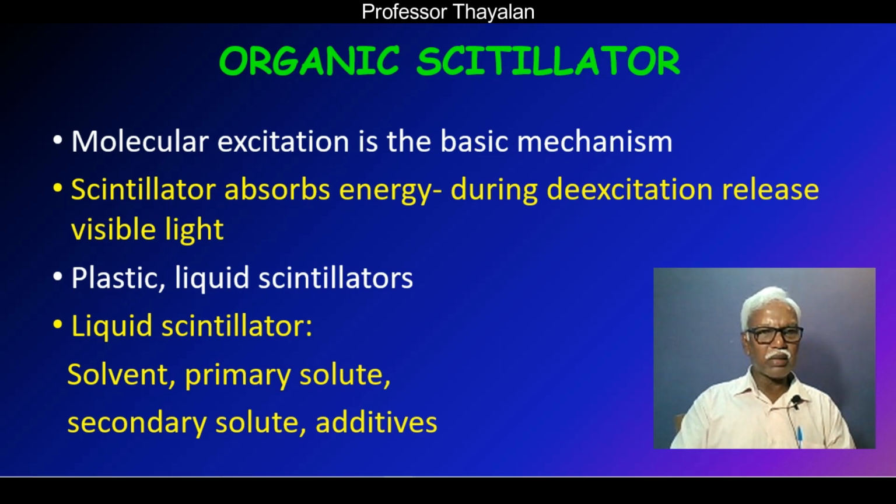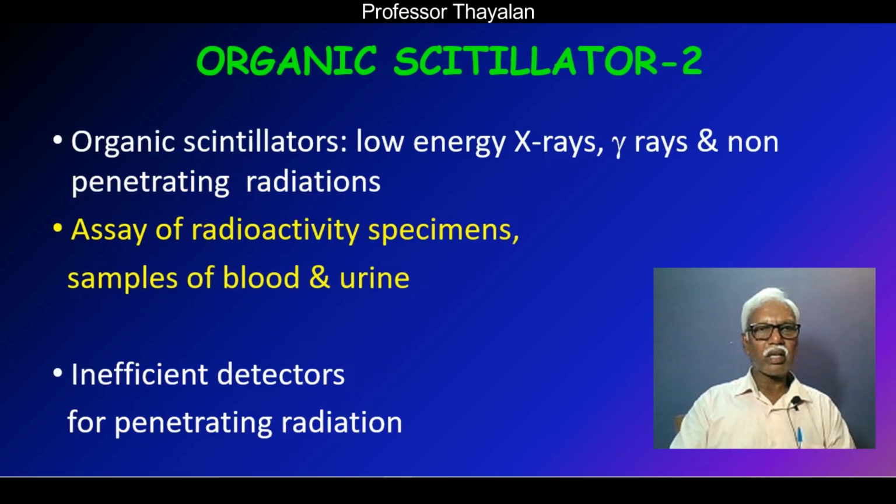These are the components of the liquid scintillators. Organic scintillators are very good for low energy X-rays, gamma rays and non-penetrating radiations. They are also very good for the assay of radioactive specimens in blood and urine. But they are inefficient detectors for penetrating radiation.